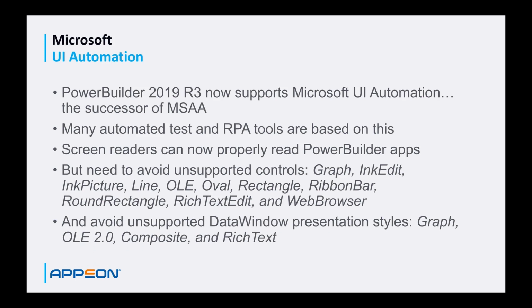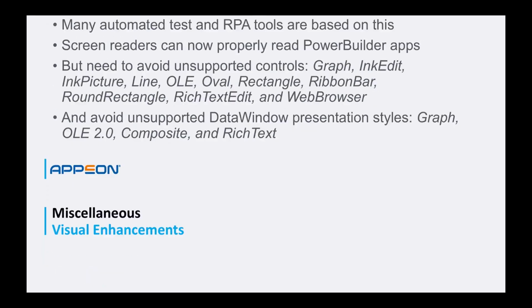Now, with the data window, most of the presentation styles are supported. The only ones not supported are graph, OLE 2.0, composite, and rich text. So this is a nutshell. If you really want to make your apps accessible, I recommend reading the documentation. But at a high level, if you avoid these things, then your app should basically be there.